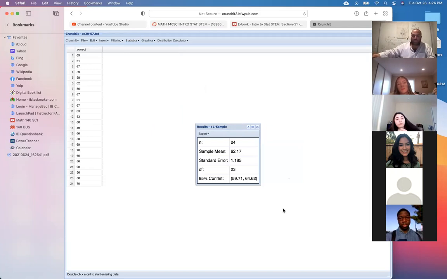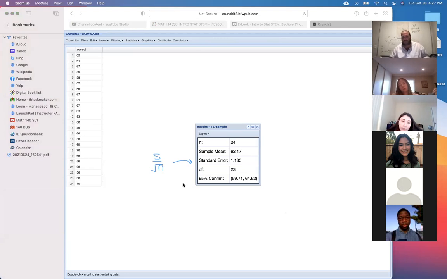And notice how it tells us the mean, which we need. It doesn't give us the standard deviation. It gives us a standard error. And that's a good thing to know. Standard error is already including the square root of n. So the standard error is S over the square root of n.